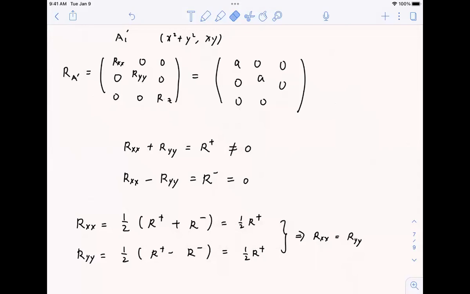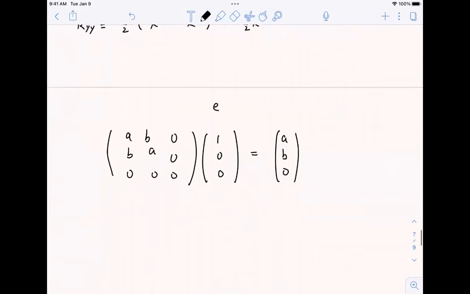Yeah, why do I keep making mistakes? A, B. Very different. Then it's already obvious. It's a diagonal element. So whatever you put in, you get the same thing with a constant.